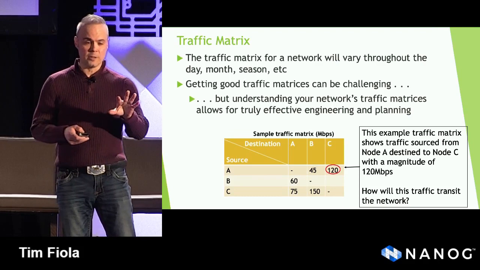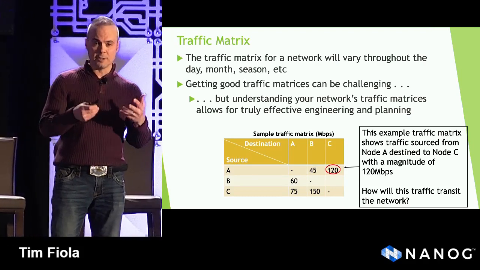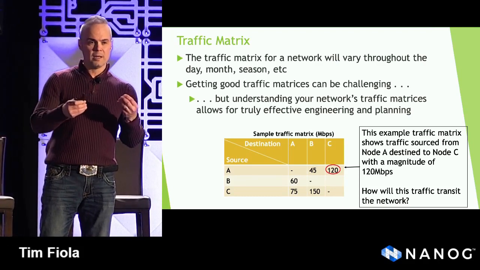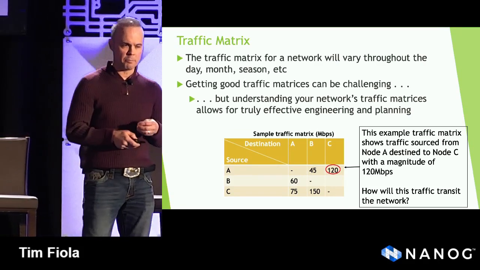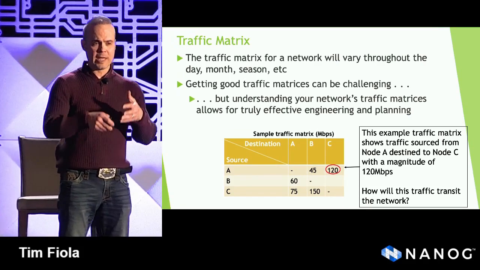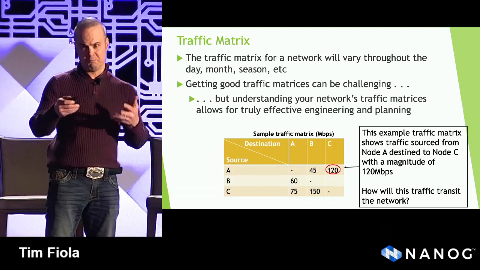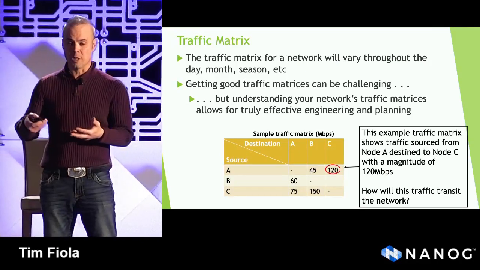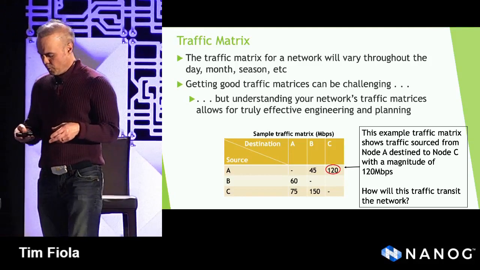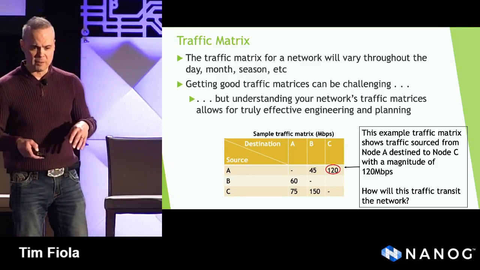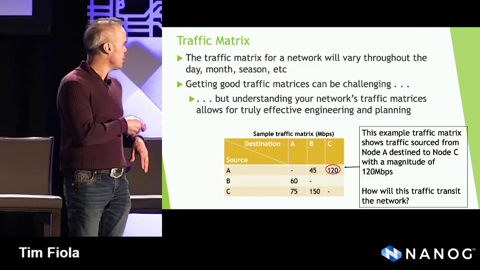But you need to do it because understanding your matrices for your network, you need that to do truly effective engineering and planning of your WAN. Because if you can't even define the problem, it's hard to counter the problem and solve the problem without that knowledge.